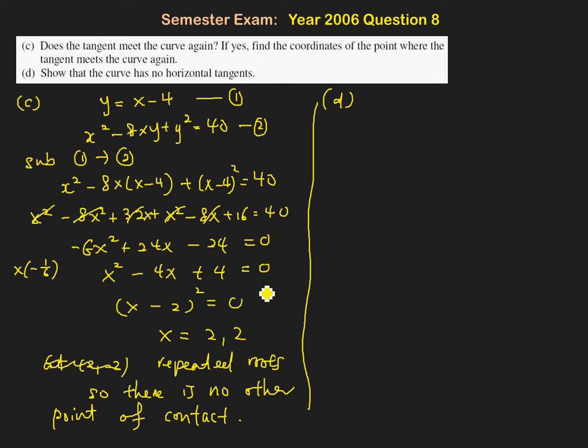And lastly, let's just show that the curve has no horizontal tangents. And how do we do that? So we're going to employ a very popular approach in mathematics, proving by contradiction. Well, how do we do contradictions? It's something like this. Suppose we are given a dog, and someone says the dog can actually fly, and how do we show that that's not true?